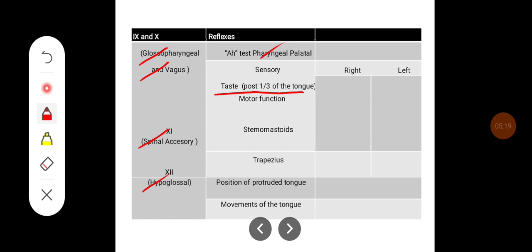Then the motor function of the vagus. Then the sternocleidomastoid and trapezius muscles are to be tested. Then for the 12th nerve, the position of the tongue should be tested, whether it is central or not, then look for the movement of the tongue, where you will be assessing the power.